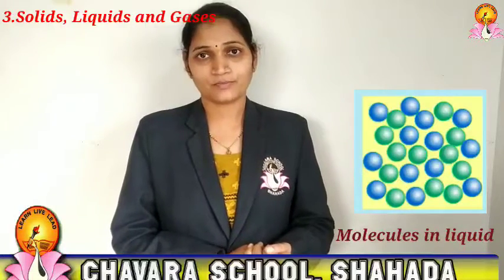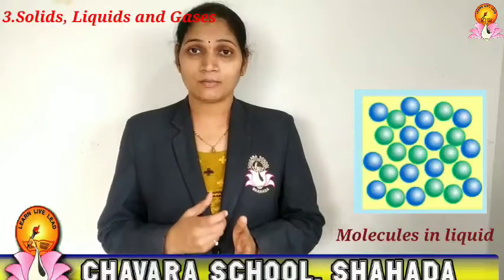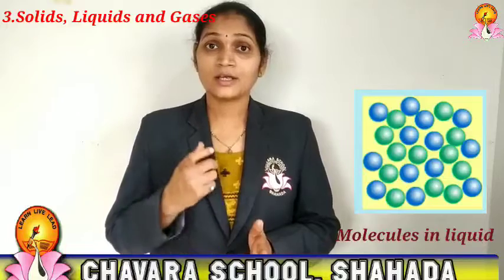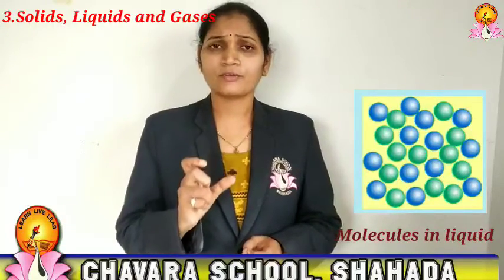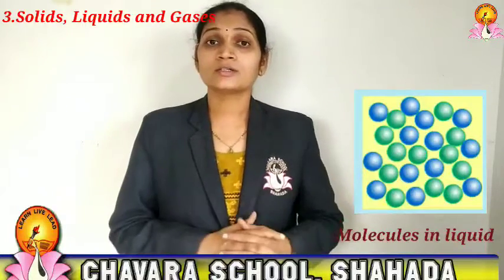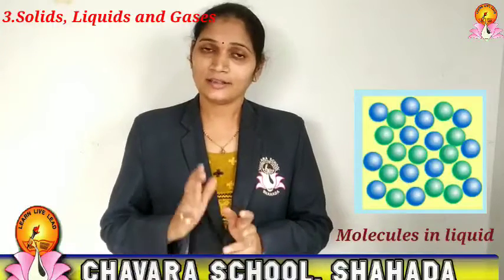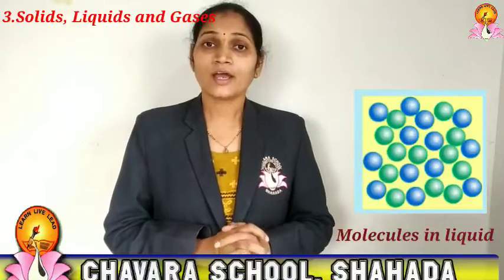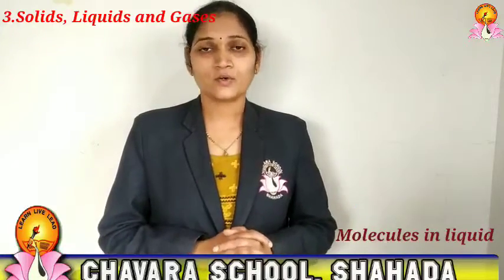It means a liquid doesn't have its own shape because its molecules are able to move a little away from each other, but they are not moving far away. That is the reason the liquid has no definite shape but it has a definite volume.